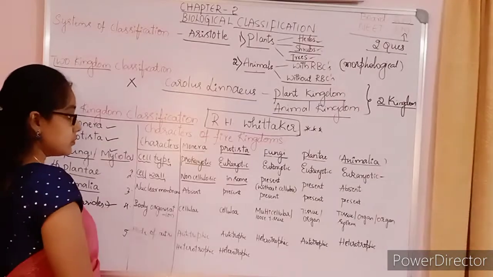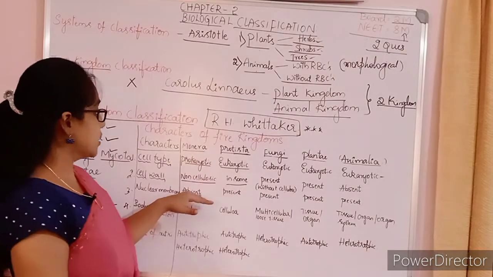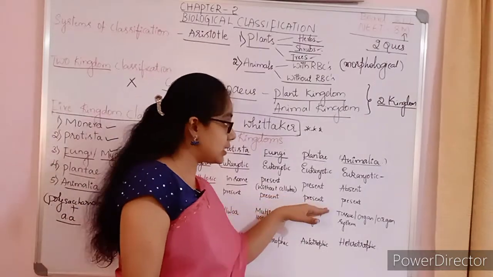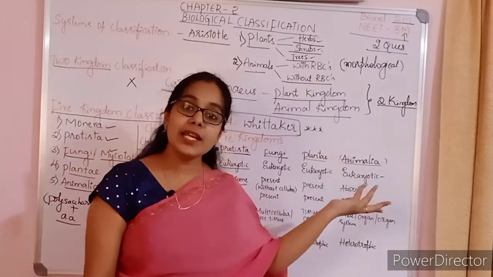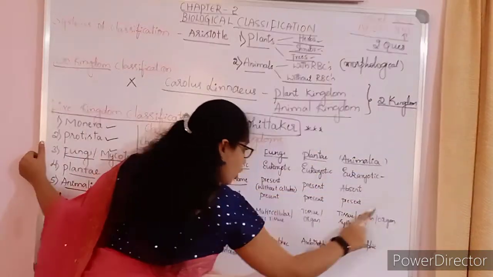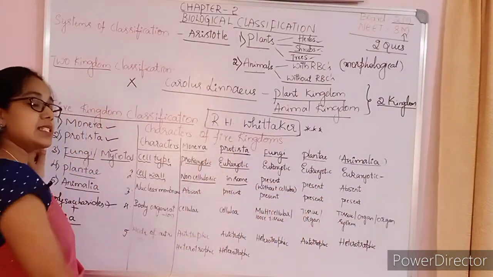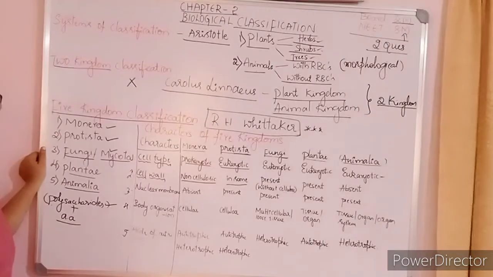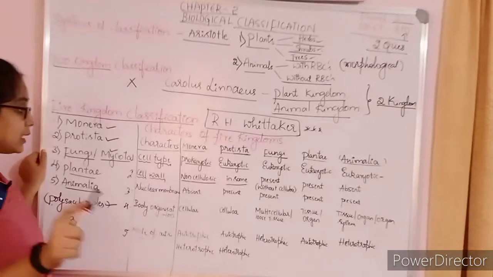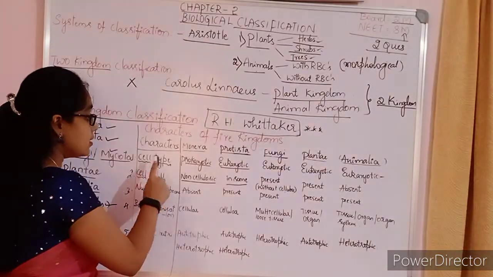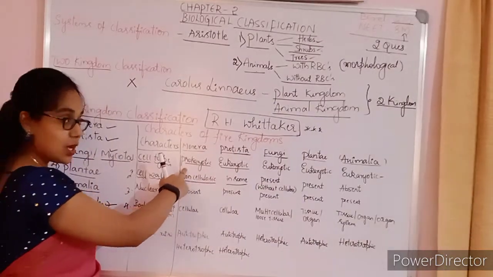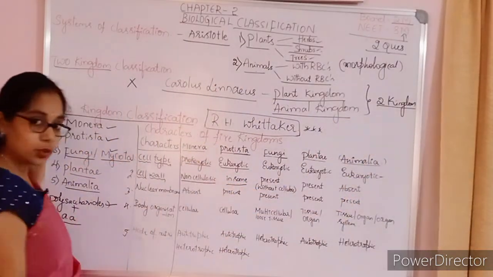Next, except Monera, the remaining Protista, Fungi, Plantae and Animalia all have a nuclear membrane. Why? Because except Monera, all the organisms in these four kingdoms are eukaryotes. Please keep this in your mind. While writing cell type, only for Monera you write prokaryote; all the remaining are eukaryotes.